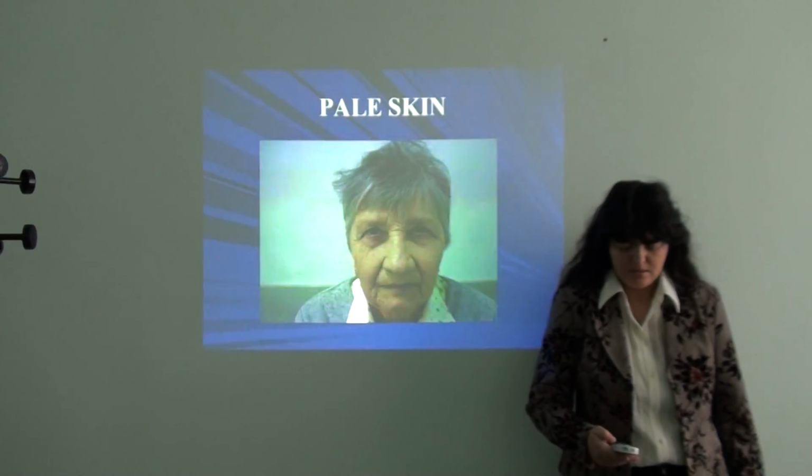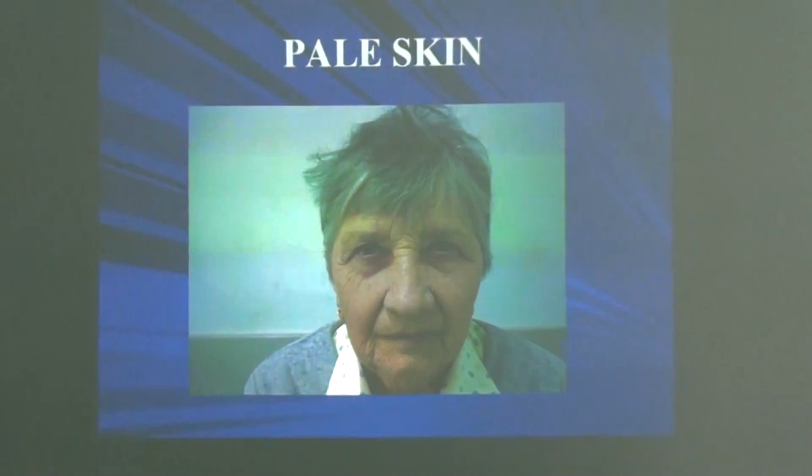In this slide, I put this photo for you because I want you to see very well the face of the patient, and we see very well that the pallor of the skin was evident.